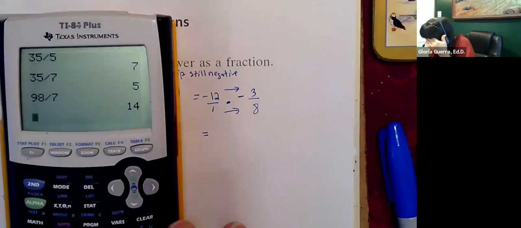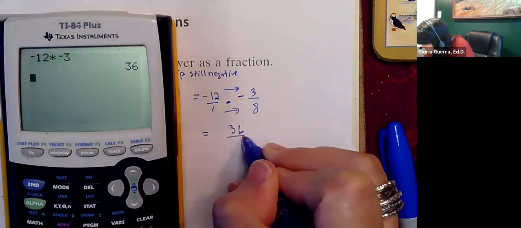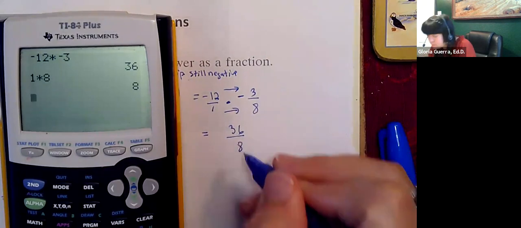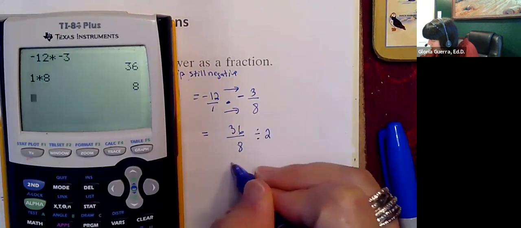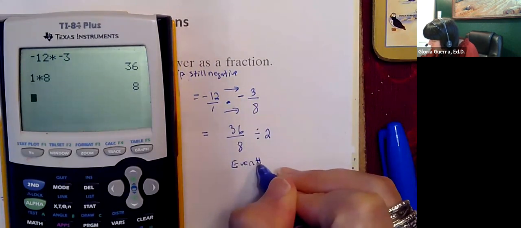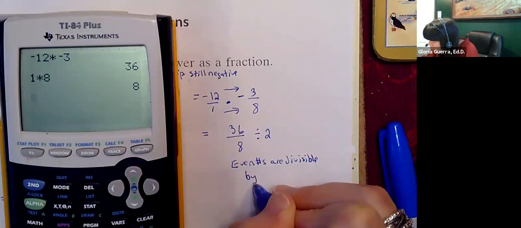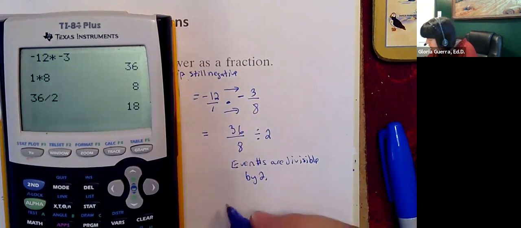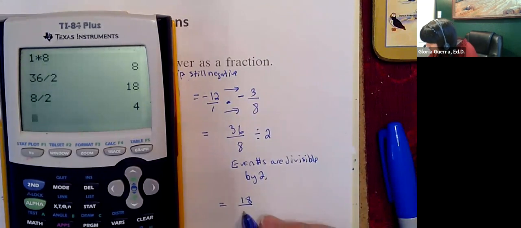Negative 12 times negative 3 is 36, and then 1 times 8 is 8. Those can be reduced by 2. These are even numbers, and even numbers are divisible by 2, so you're safe with 2. 36 divided by 2 is 18, and 8 divided by 2 is 4.